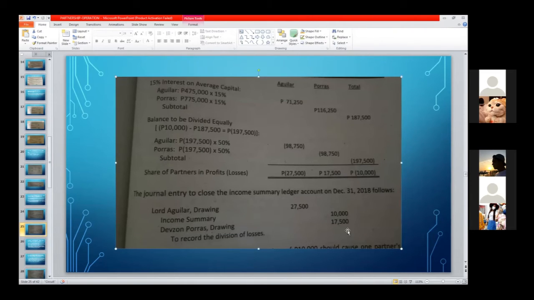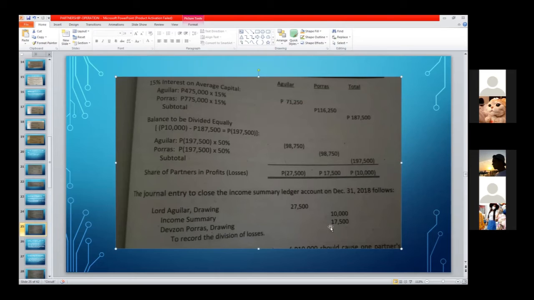Ayan. Meron tayong loss. Sa recording natin ng loss, naka-debit siya. Ngayon naman, i-credit natin, kasi dinistribute na natin.